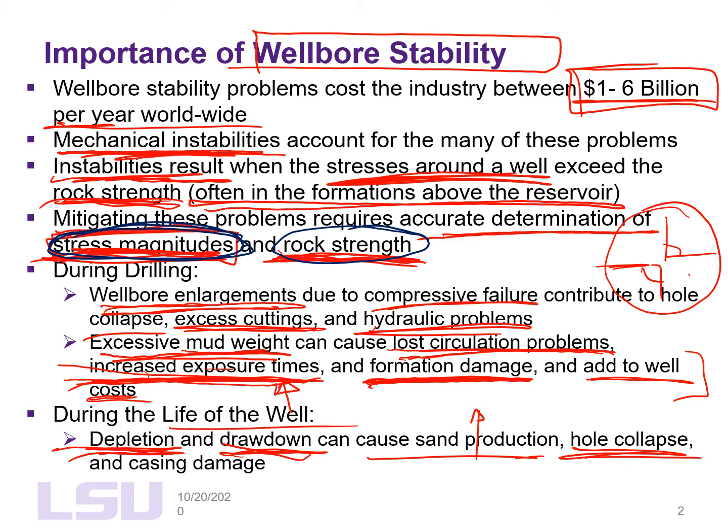Depletion can also lead to collapse of your well, right? You deplete it and the effective stresses build up, and these are compressive. They apply too much stress on the wellbore. The wellbore can collapse, the casing can get damaged, and that could lead to the loss of the revenue you would have made from the well, but it can also give rise to environmental problems, right?